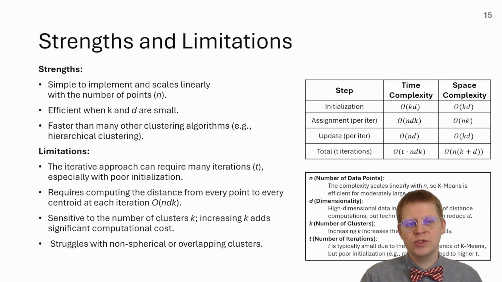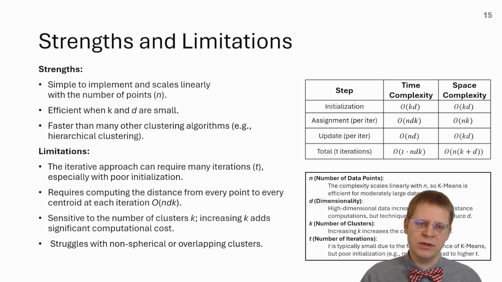K-means is one of the most popular clustering algorithms, as I said, and it is for a good reason. Let us discuss why it is so widely used, as well as where it might struggle. First of all, strengths. It is simple. It's easy to implement, easy to understand. It is accessible for everybody.